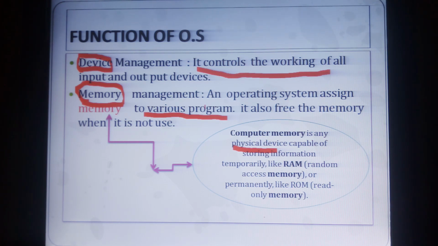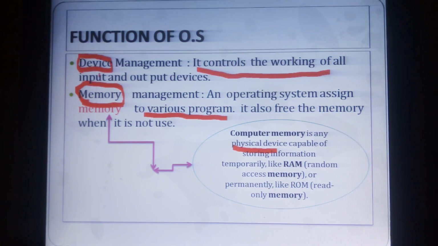Once again I will tell you. Suppose, children, I am writing an application to the district collector. So I am opening MS Word. I am writing this application to the district collector.